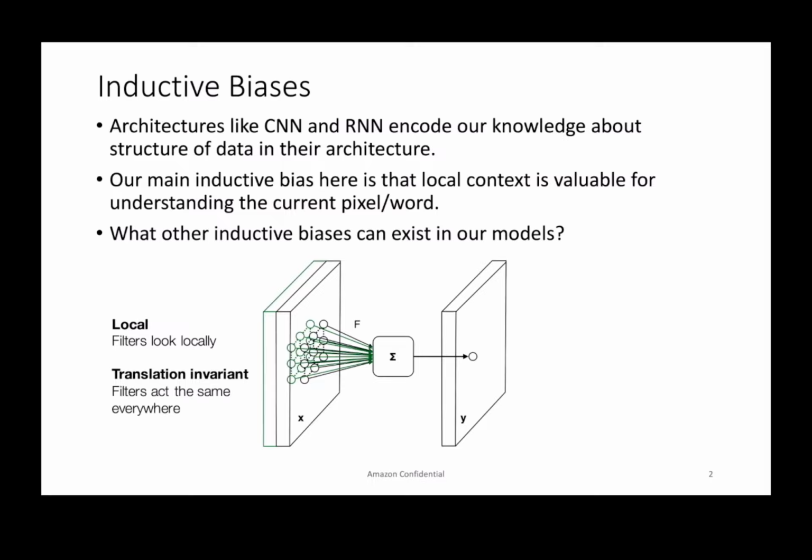Another inductive bias is that we use a word as a complete token in NLP, but we don't use characters or alphabets very frequently. We rather take the whole word, and that word forms the unit, like one pixel, a word forms one unit in NLP.